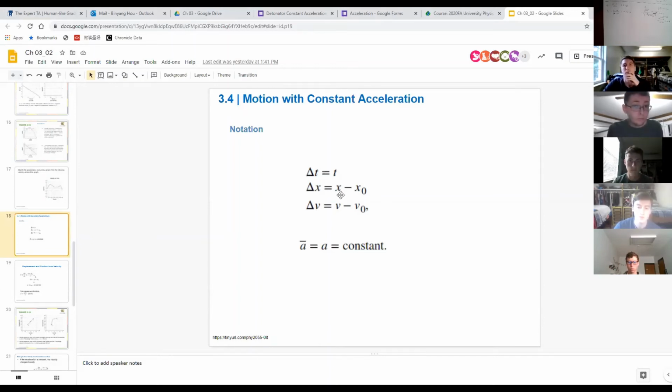Similarly for velocity, we drop the f: v is the final velocity, and v0 is the initial. With constant acceleration, the average acceleration equals just the acceleration, so we use one symbol, a, for that.